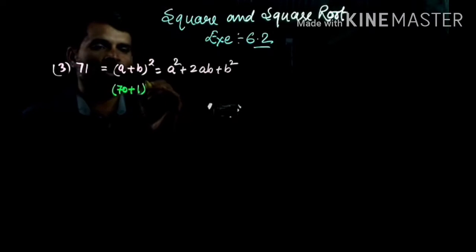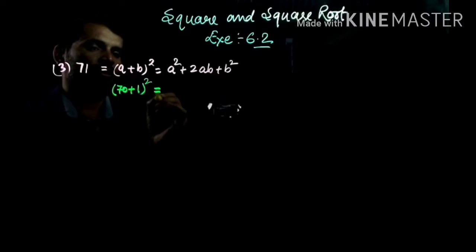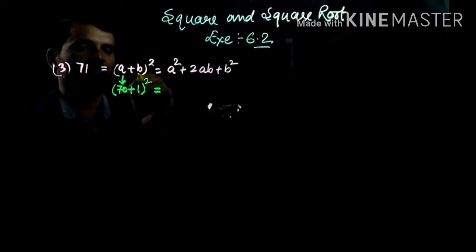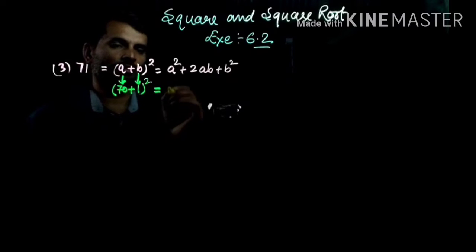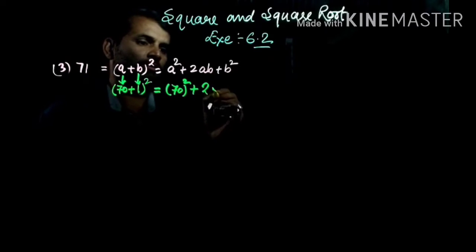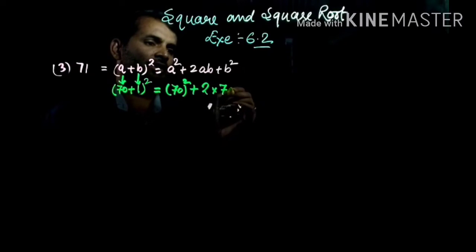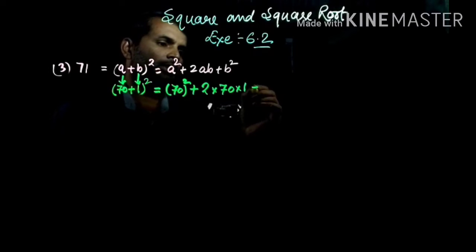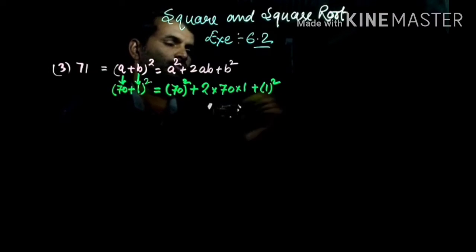The value of a is 70 and the value of b is 1. So a square is 70 square, plus 2 into a, which is 70, and b, which is 1, plus 1 square.